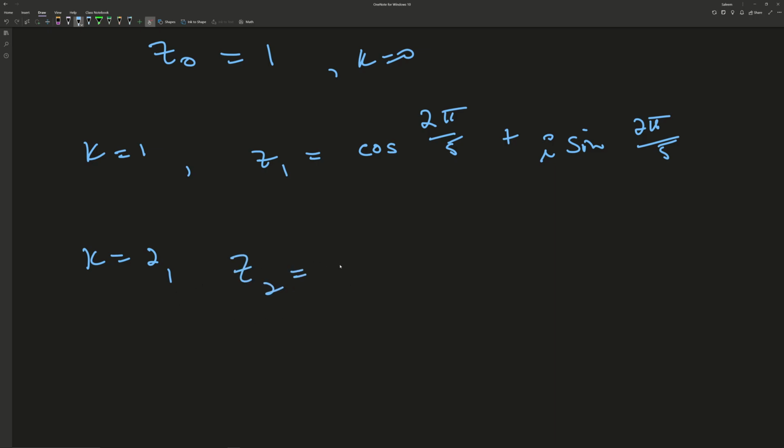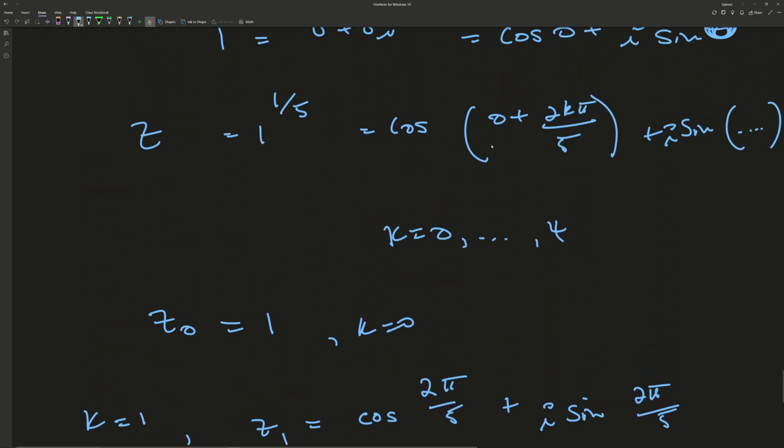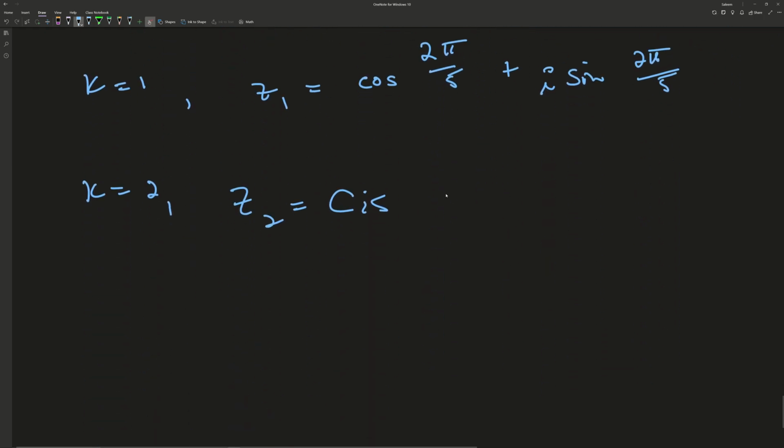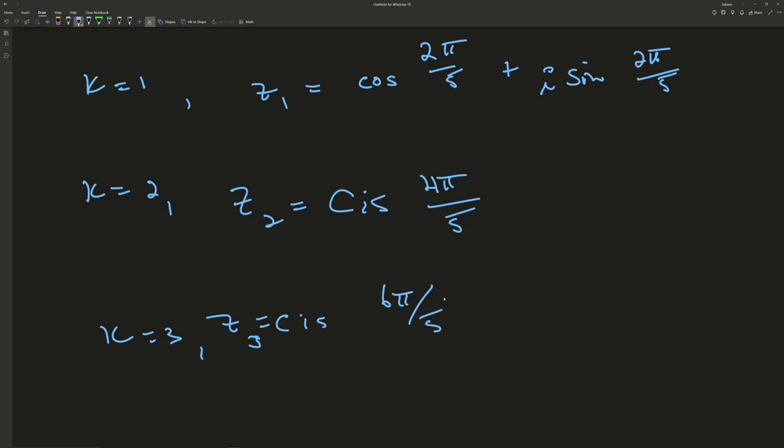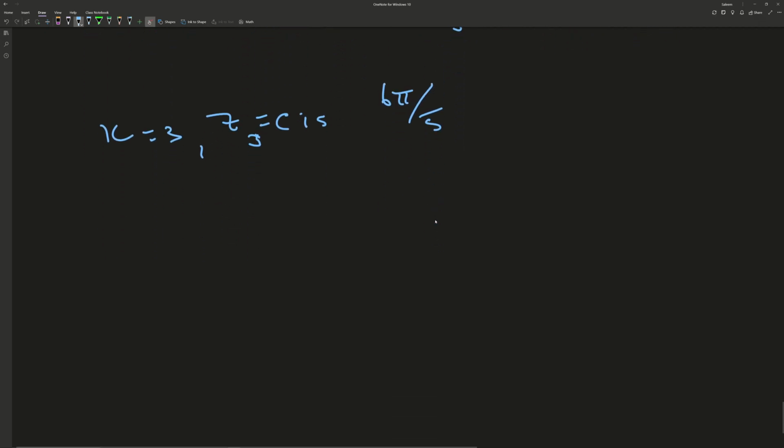So z2 is equal to cis, putting 2 here now, 2 twos are 4, so we get 4 pi upon 5. I'm just doing it because I want to draw the roots and show you how it looks. Then we have cis of 6 pi upon 5, because remember, I just keep multiplying, because I have 0 in front.